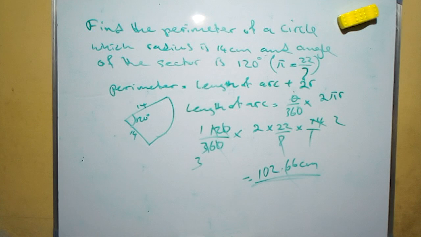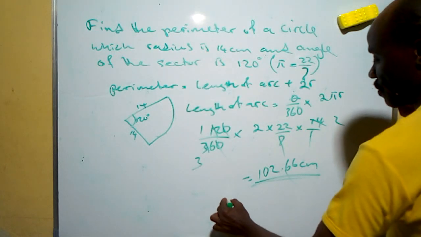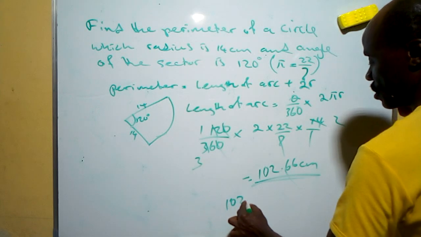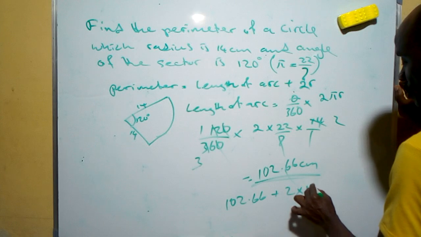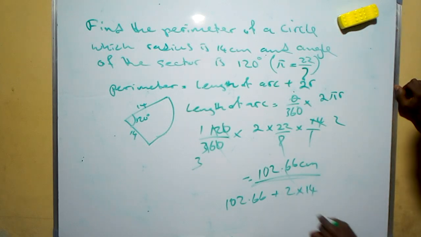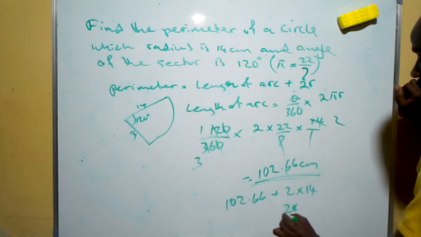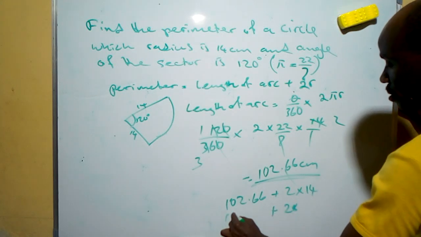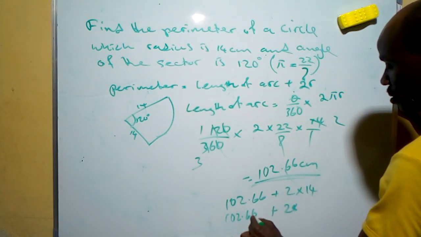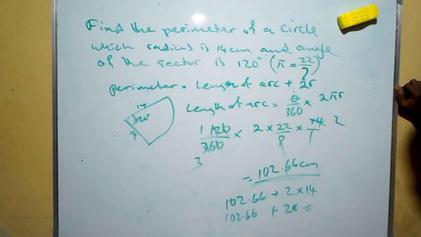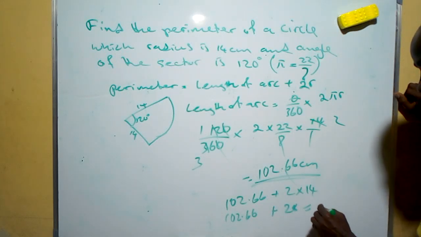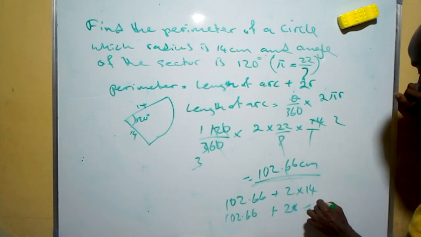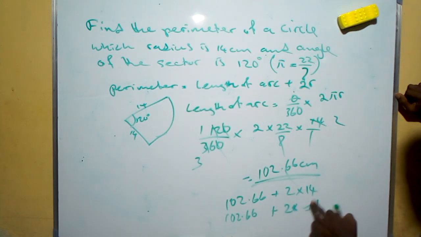Now the next thing we do is to add it up with the other radii. The length of the arc, which is this, plus 2 times radius, which is 14. 2 times radius will give us 28, plus 102.66.